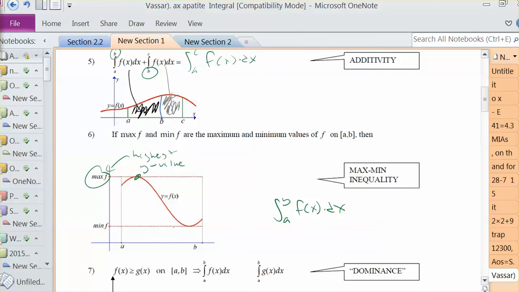Min f, of course, is the lowest y value, which of course happens at that point. And of course, here's the x-axis. So the area, the definite integral from a to b of f of x times dx, is going to look all like this, right?